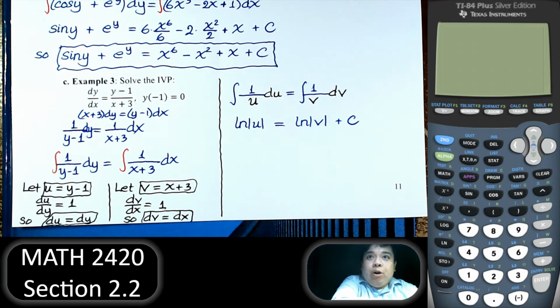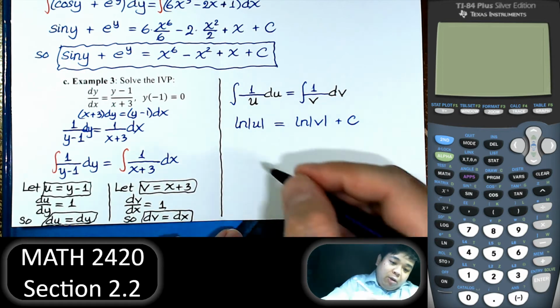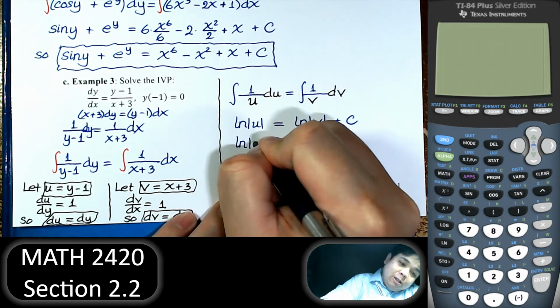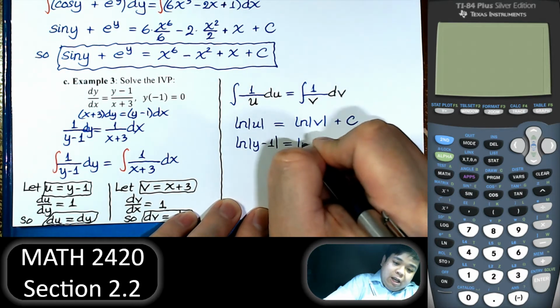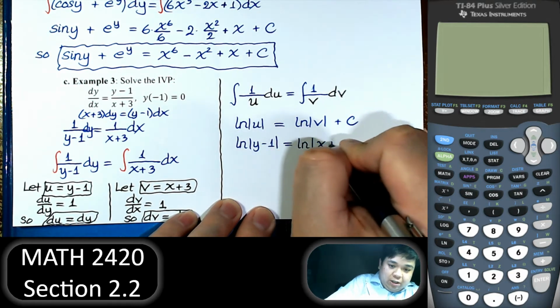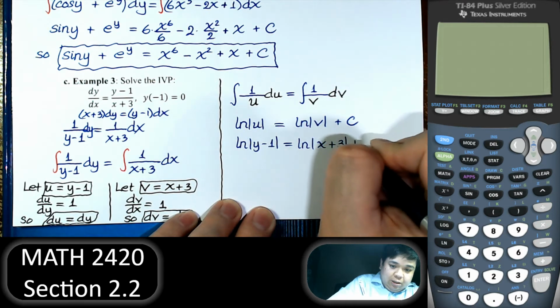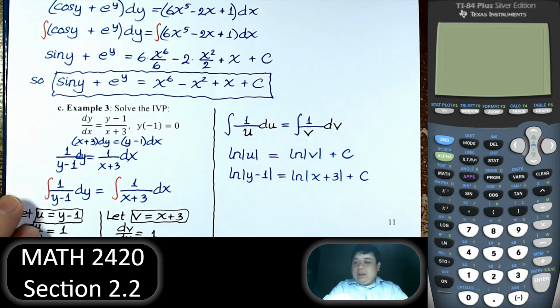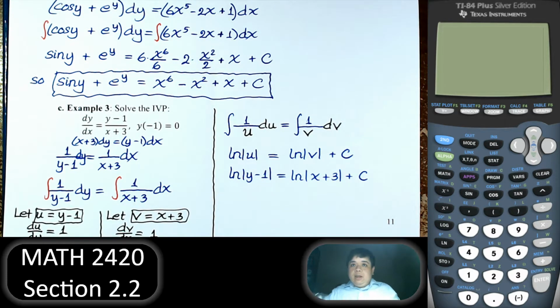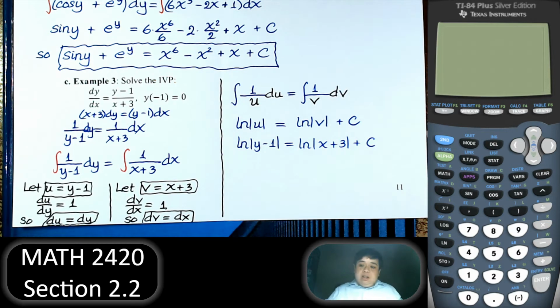Right, so that's good and all, right? u is y minus 1 and v is x plus 3. So that's good there. Now the question is, how do we get rid of the ln? The natural log is the inverse function of the exponential function.